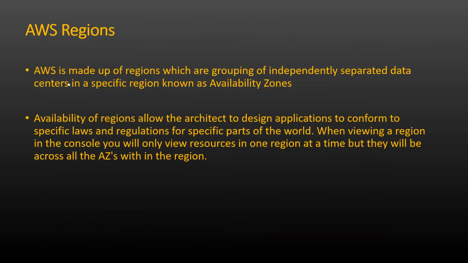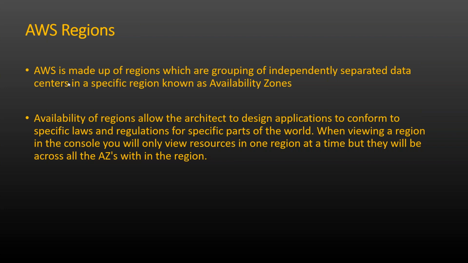So regions, AWS is made up of regions, which are groupings of independently separated data centers in a specific region known as availability zones. Availability of regions allows architects like us to design applications to conform to specific laws and regulations. So the other reason for having multiple regions is to meet local government laws.